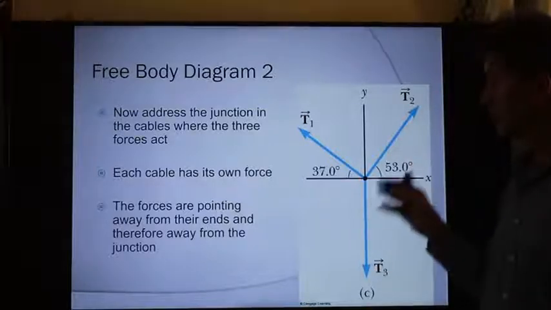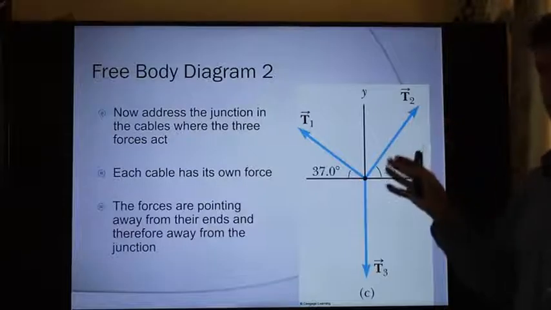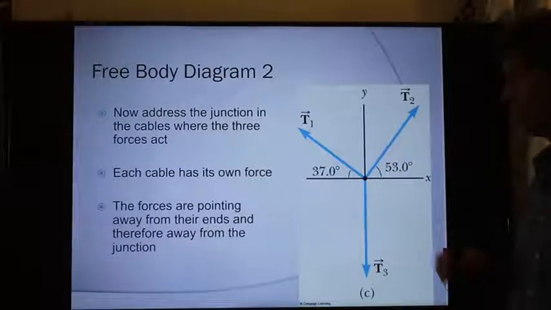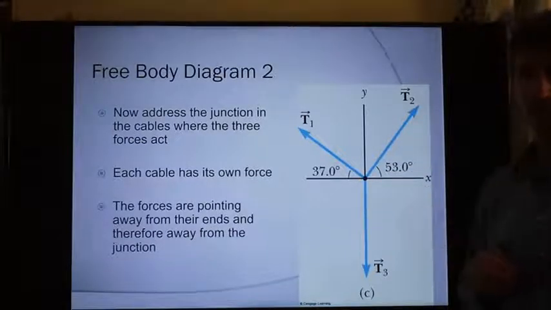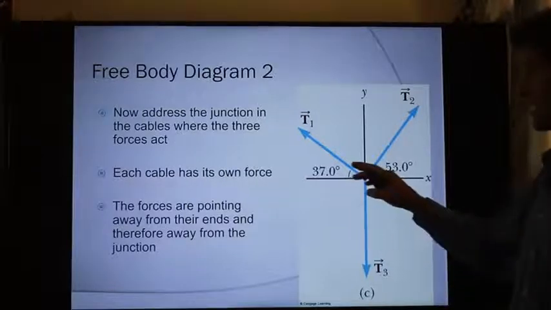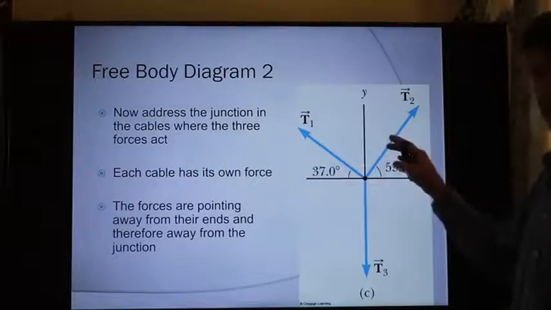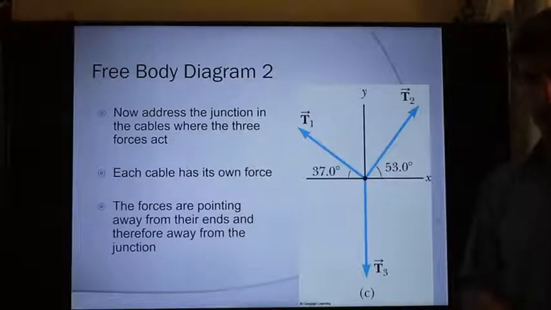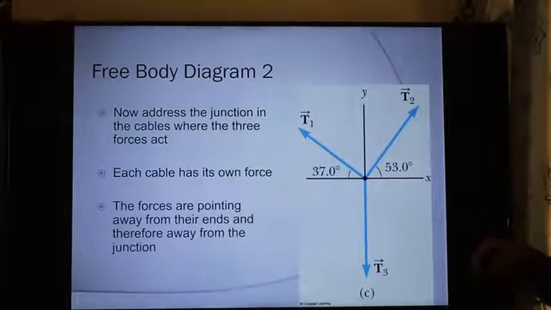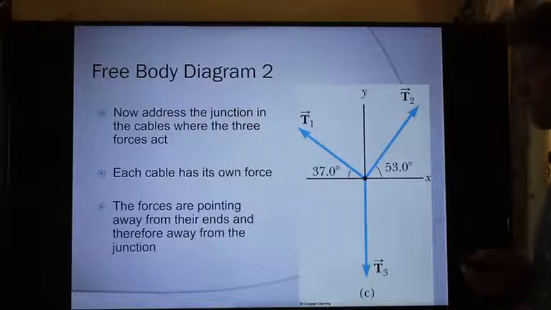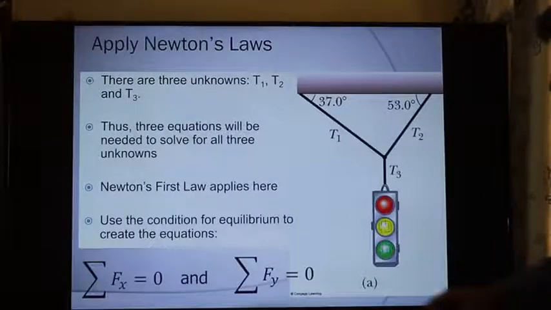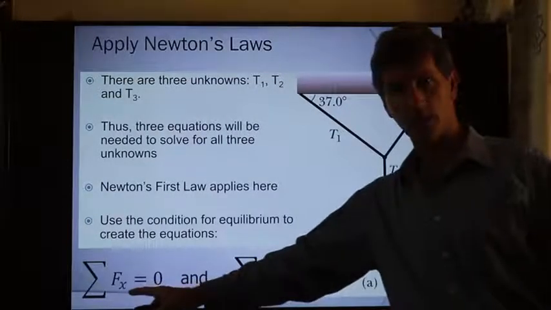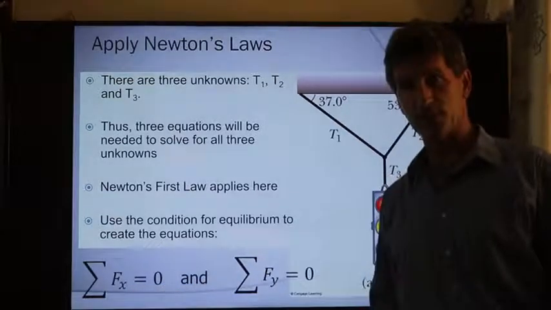Now again, when you have vectors in the x and y direction, you should really break them into their x and y components. So resolve T1, resolve T2, T3 is pointing in the negative y direction, so you don't have to resolve that. Add x's to x's and y's to y's. So let's do that. We're going to add up all the forces in the x direction, set that equal to 0.